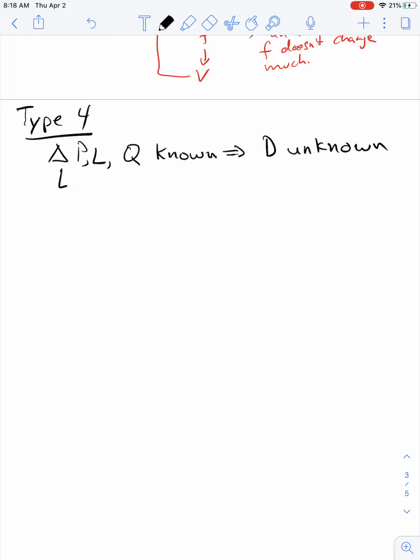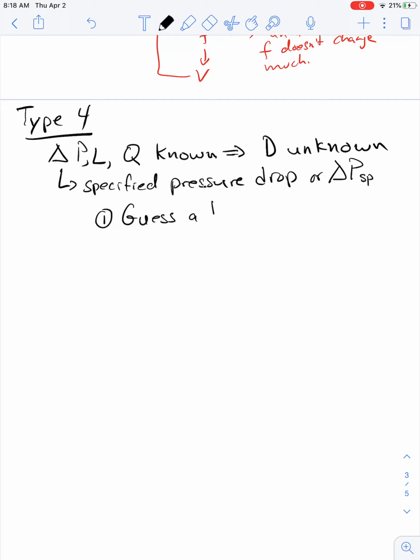So we'll call this the specified pressure drop, or delta P SP. So now our first step is to guess a diameter, d.